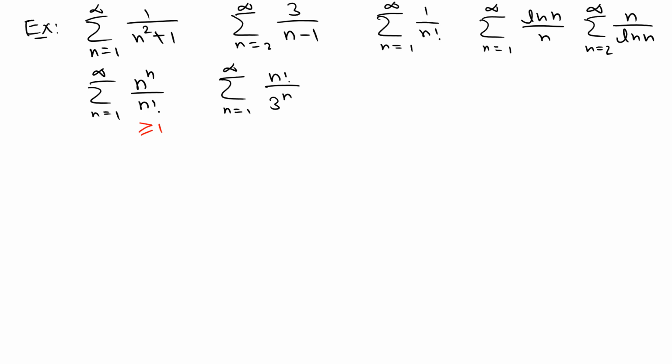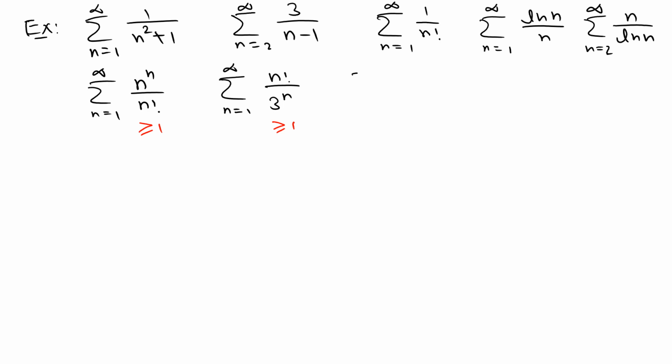You can see this one is also bigger than 1, for large n, okay, not for all n, but for large n, because we only worry about what happens in large n. So you have to say for large n, this is greater than 1. Good. Okay, so you can see it's very simple.